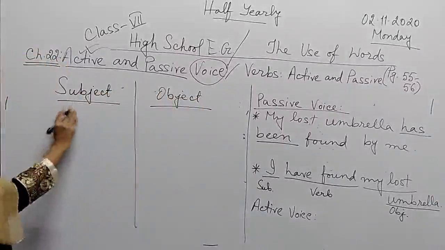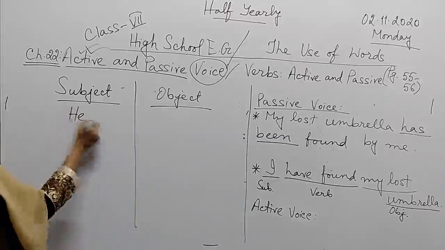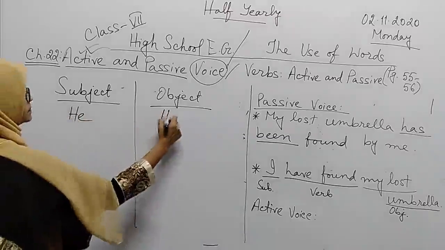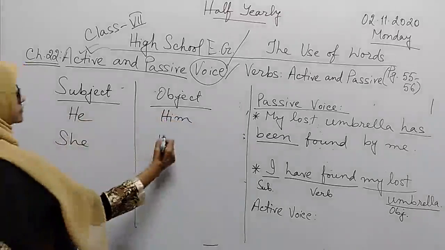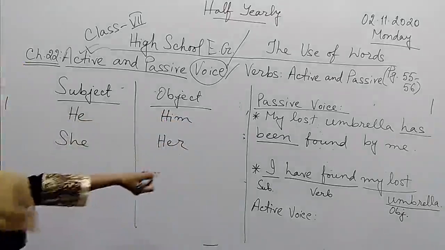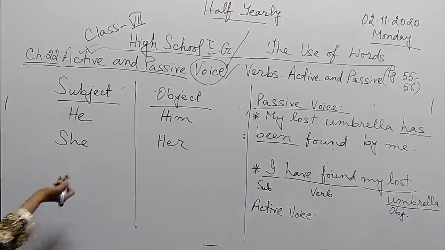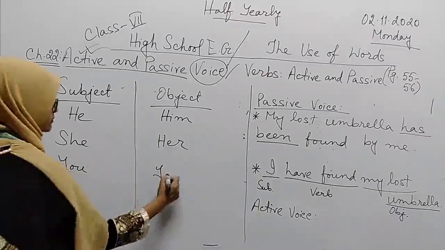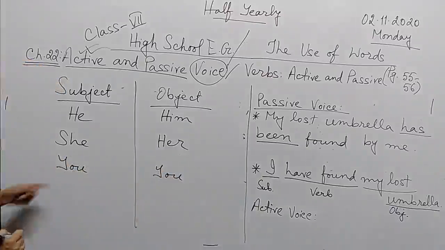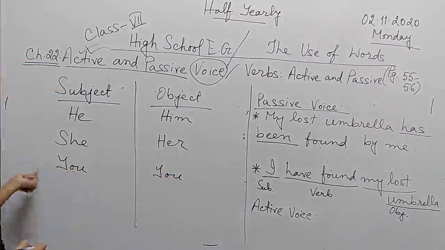So the subject I becomes me, he becomes him, she, her, you remains the same. Okay? This is the word that remains the same in subjective and objective forms.